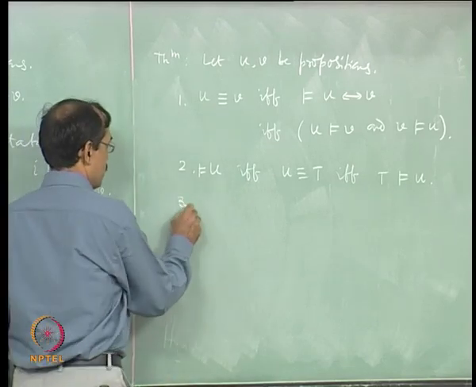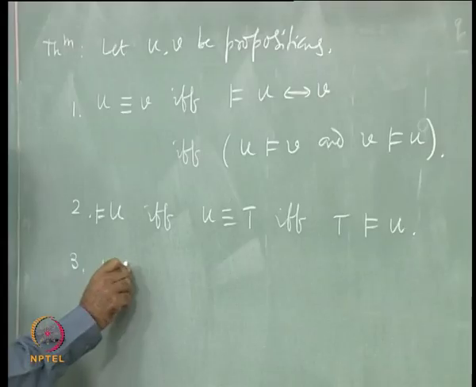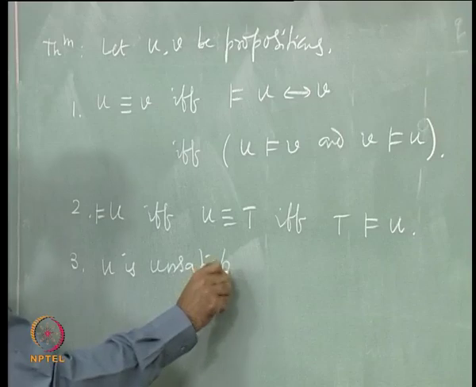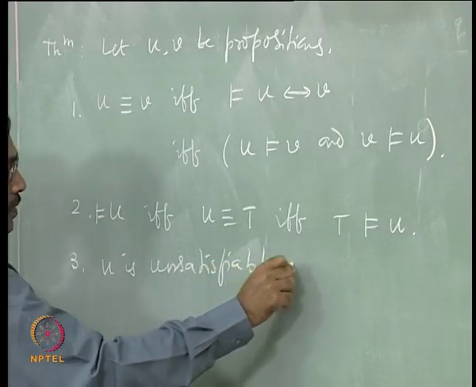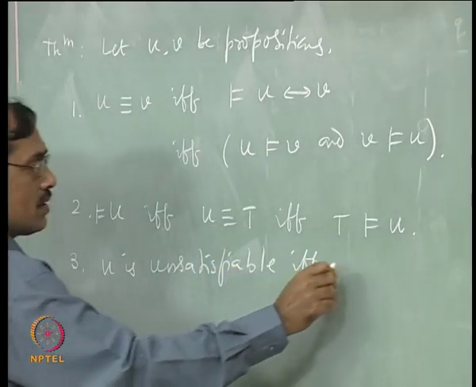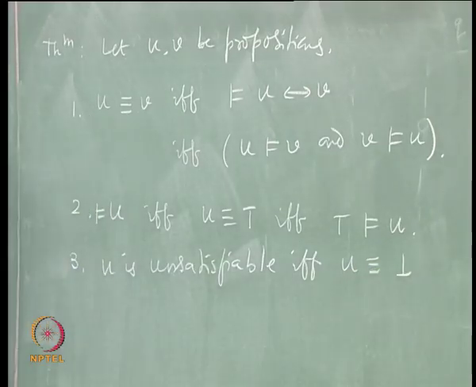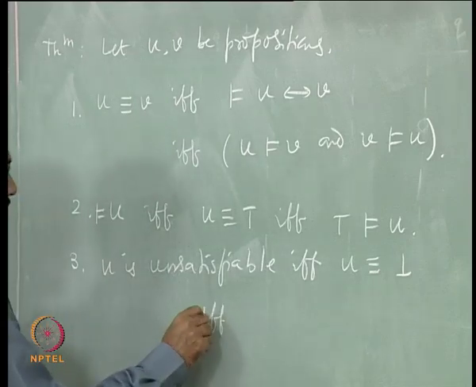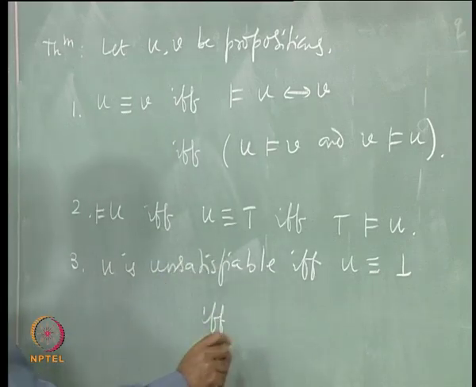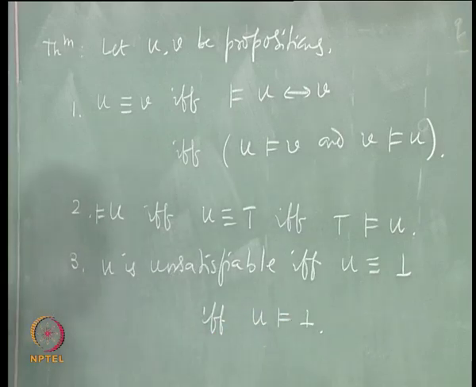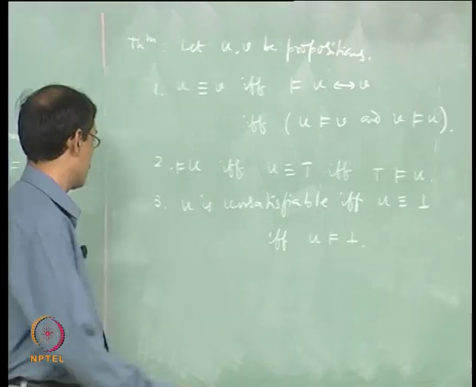Then you can do for unsatisfiable, U is unsatisfiable if and only if U is equivalent to bottom, okay. And again as earlier we can take only one part. So, this says U entails bottom. So, let us write that again.